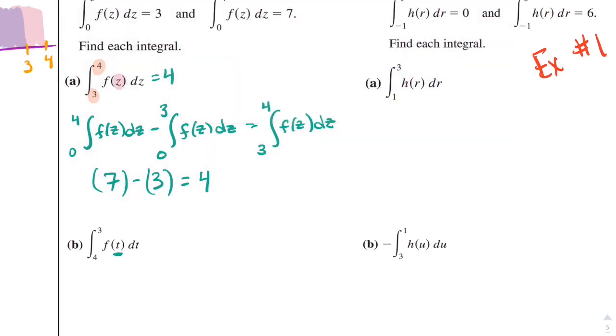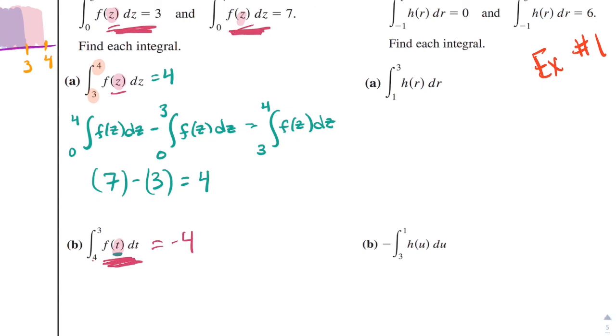So this z has to do with these z's, and that's fine. But these u's, this t, now we can use for here because they just don't want you reusing this. Because, see, 4 to 3, they don't want you just saying, well, I'm just going to flip it and make this negative 4. They're trying to say that this function's unique, even though you can use these functions to find it.